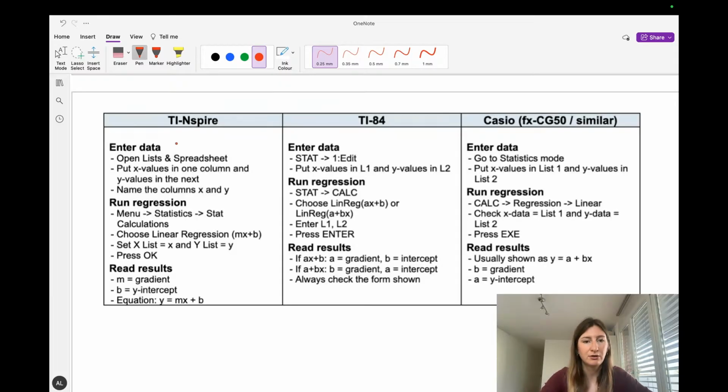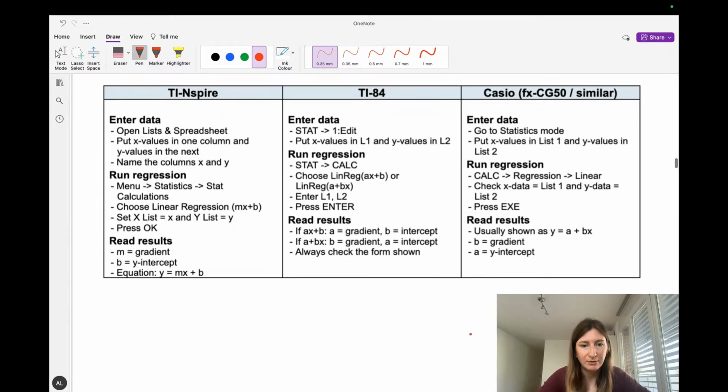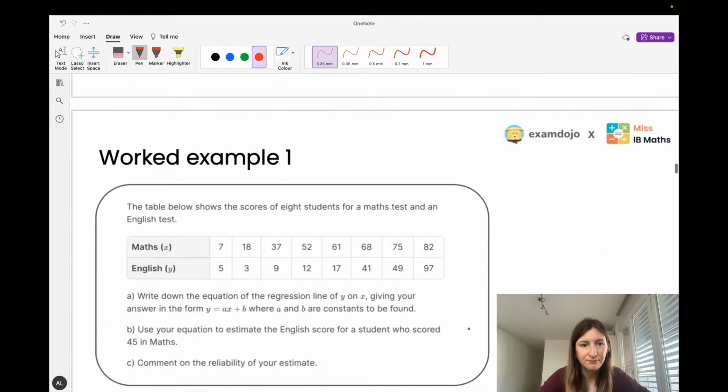I will be showing you on the TI Inspire, and it's quite similar, but there you go. If you need that at another point, this stream will be available, so you can also come back and have a look at that.